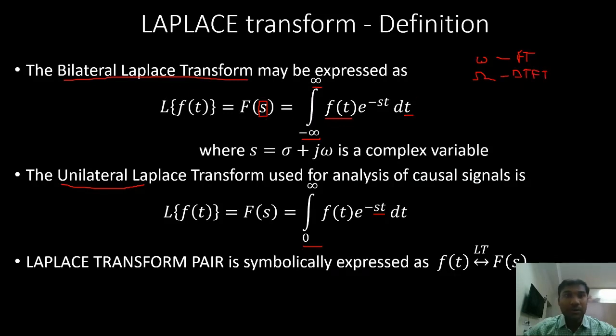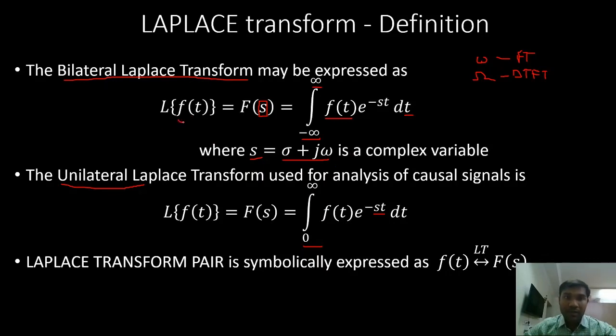S is for Laplace transform, and s is a complex variable. In real form, I'll write it as sigma plus j omega. So this is the definition for Laplace transform.